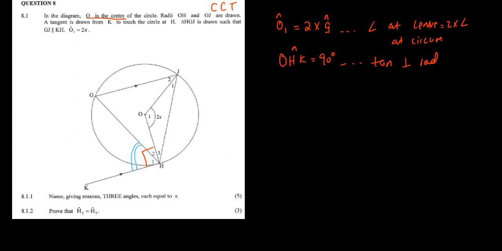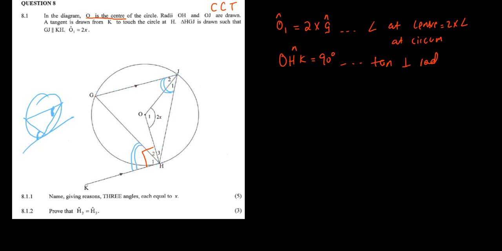Check it, because remember, it says if I have a tangent and a chord, I should look at the angle formed by the chord at the circumference. Exactly. So you look at the angle formed by the chord.